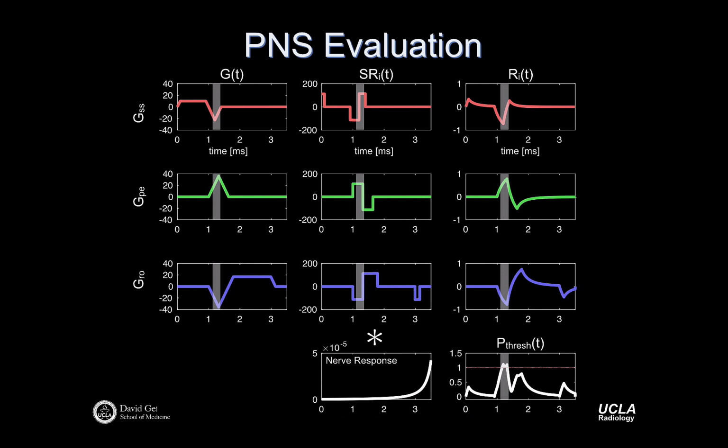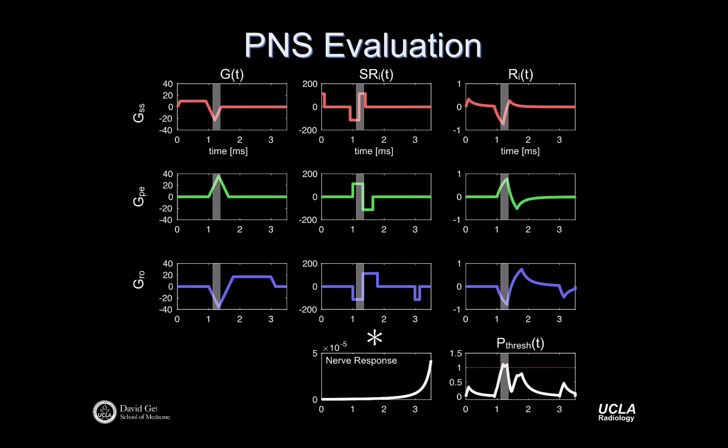And so, for these particular gradient waveforms, when you calculate the slew rates and convolve with the nerve response function, you can see that partway into the sequence you'll pass threshold. And so there'll be a brief period of time where someone will feel this buzzing or tingling sensation. And the scanner actually won't let you run that. It'll say, no, you're going to go past the nerve response function or the threshold function.